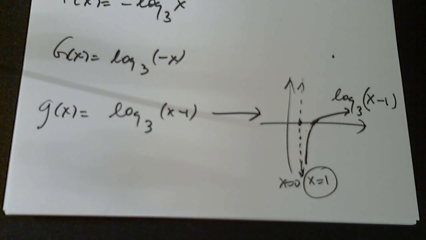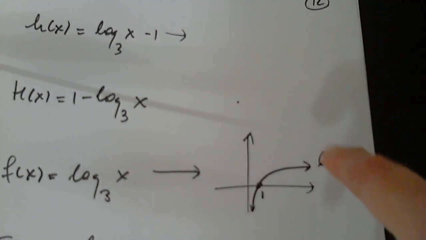Okay, it's uppercase G of x. Yes, that is the one, although it's an incorrect graph. It does not have the vertical asymptote at 1. Okay, you can stop sharing now.